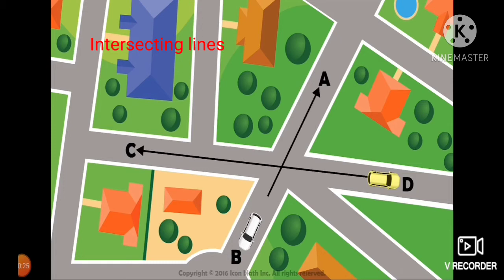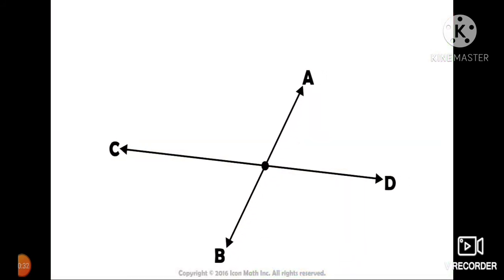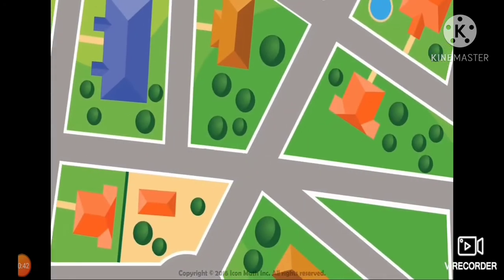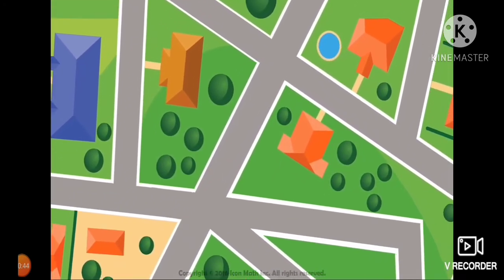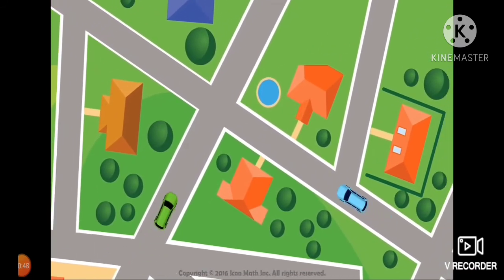When two or more lines cross each other at a common point, they are called intersecting lines. The common point where they meet is called the point of intersection. These are all examples of intersecting lines.